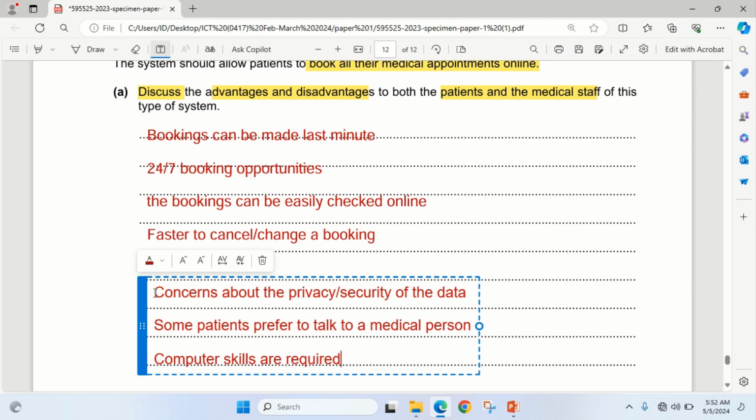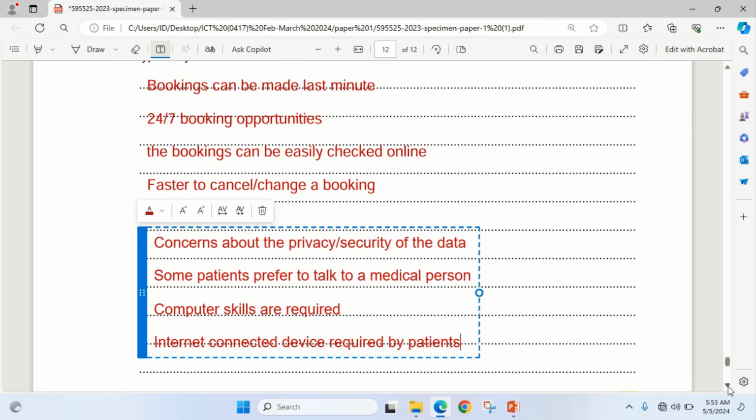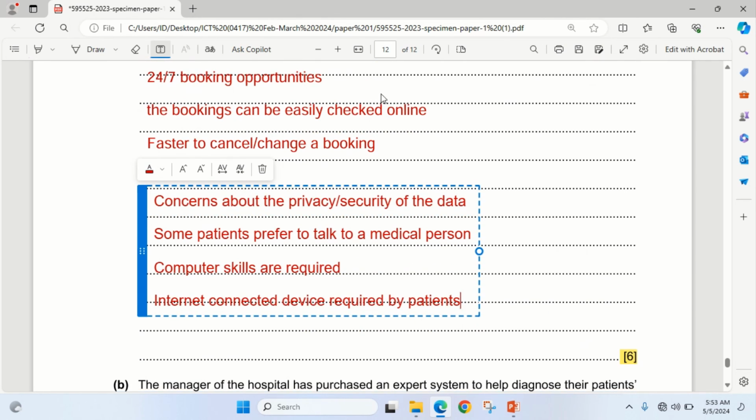Another important thing is that internet connection is required. So if the patients don't have access to internet connected devices, then there will be a serious issue to book their appointment. So any of these points, any 6, will earn you the full marks.